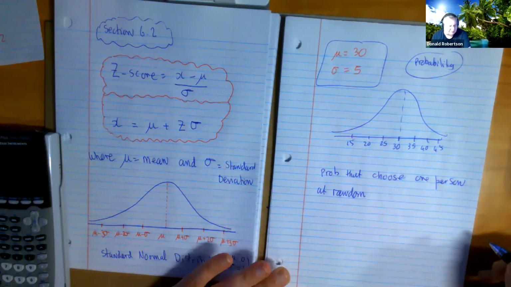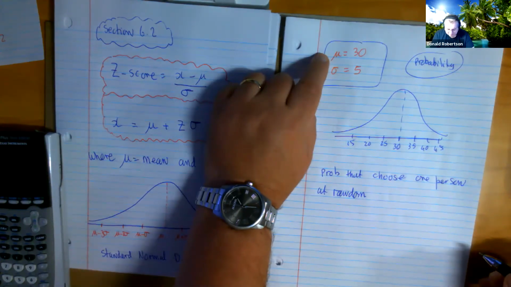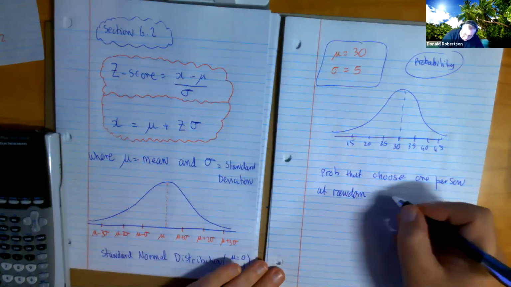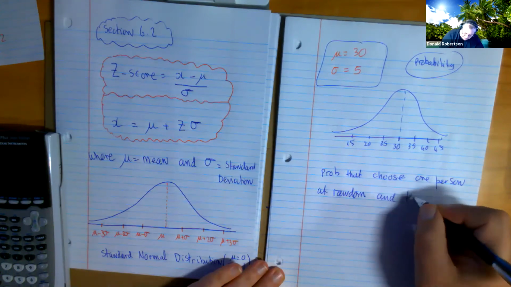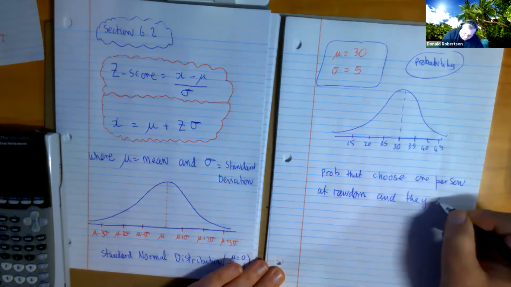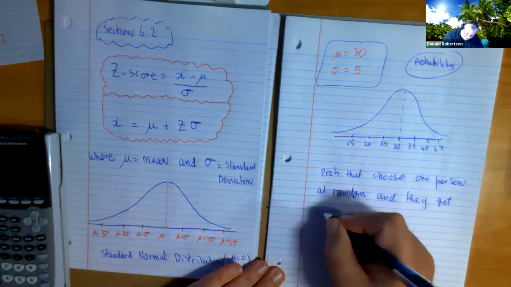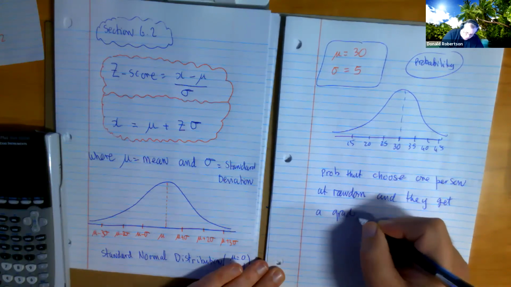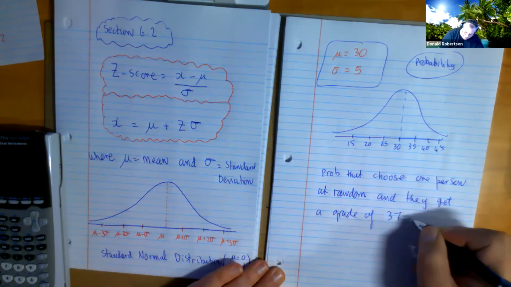Okay, let's pretend this is a test in a class, right? What's the probability I choose one person at random and they get a grade of 37 or better?